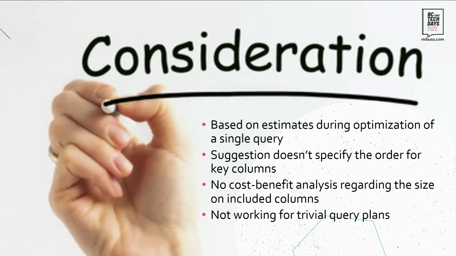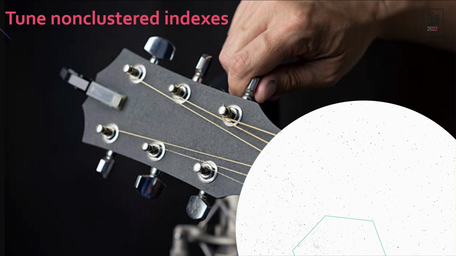So due to all of these limitations, missing index suggestions are best treated as one of several pieces of information that we have when performing index analysis. When we are tuning non-clustered indexes with missing index suggestions, we should review the table structure. In other words, before creating non-clustered indexes on a table based on index suggestions, we should review the table's clustered index.